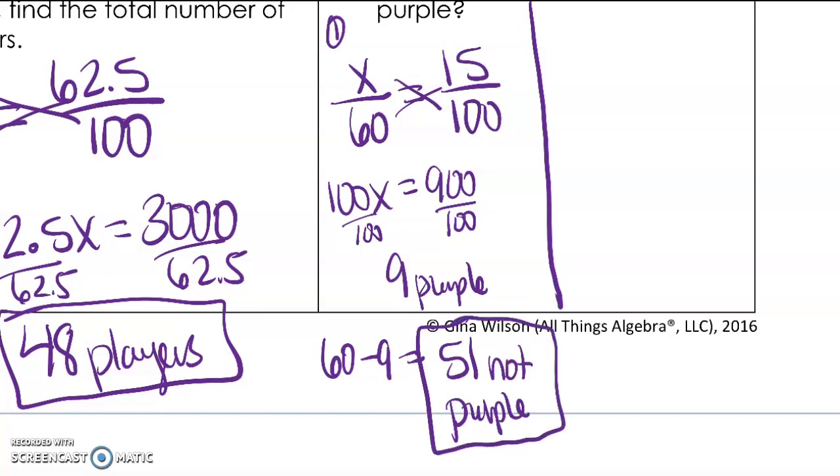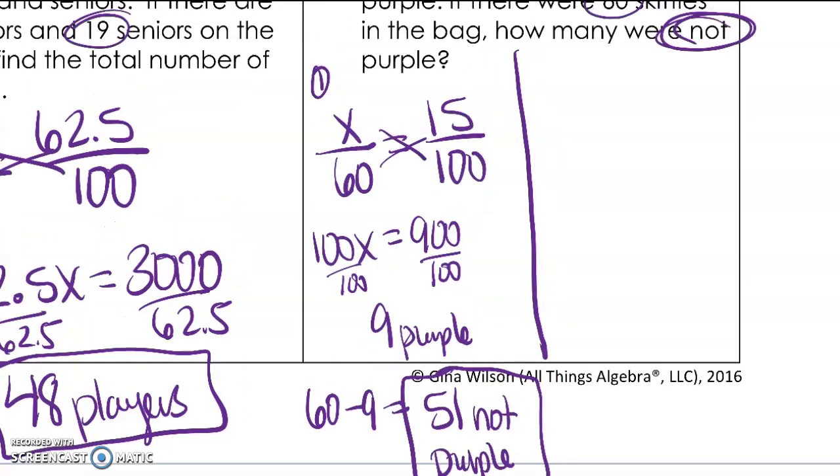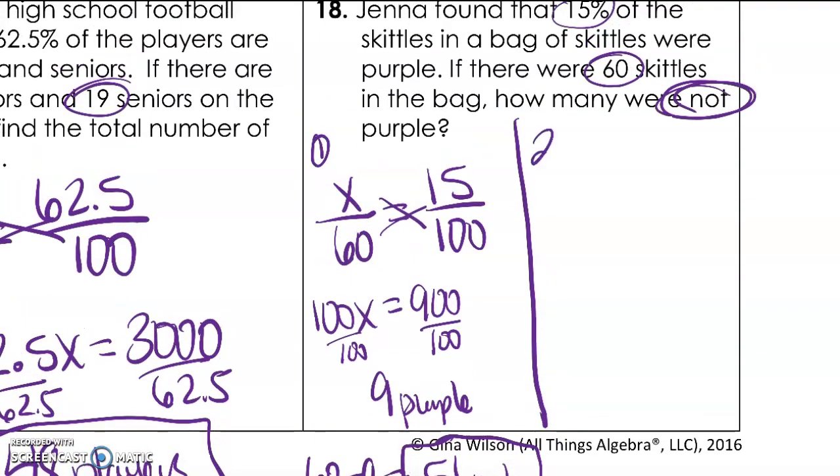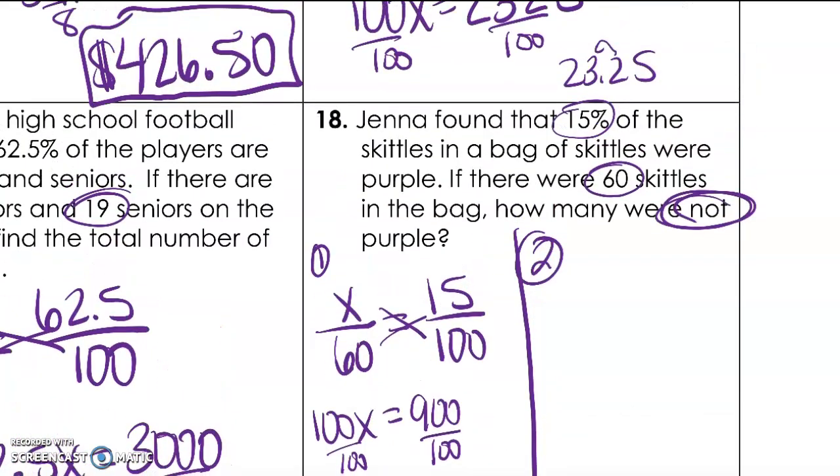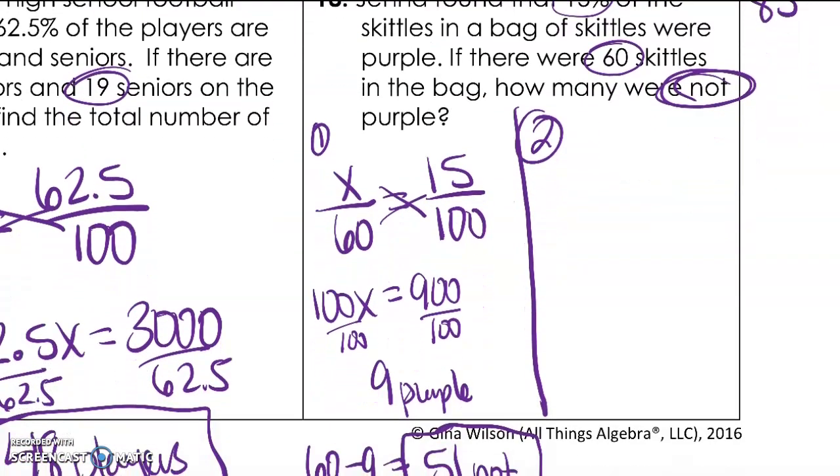Use the numbers they give you and realize that means you're finding how many purple, but that's not what they want to know. They want to know how many are not purple. So you have to take it away from the total. The other option is this. If you know that 15% are purple, 100 minus 15 is 85. So 85% are not.